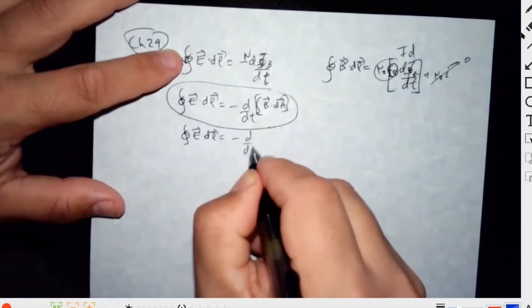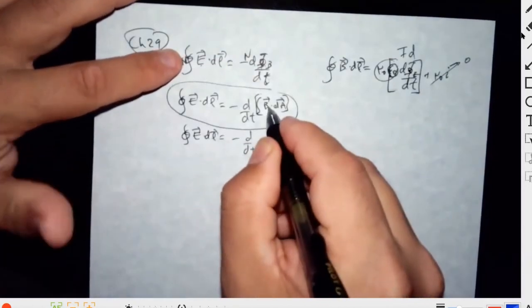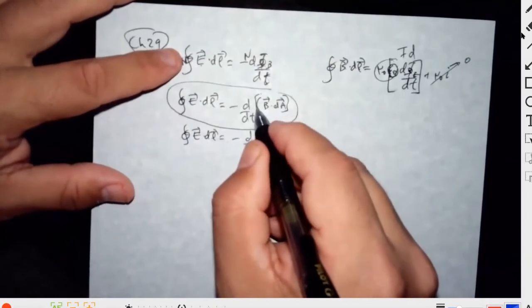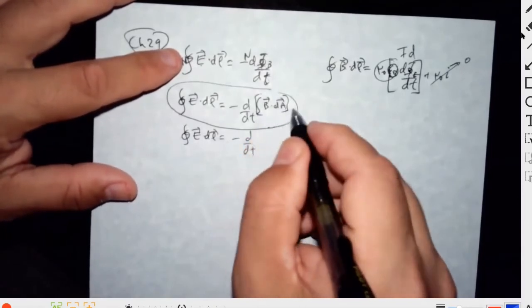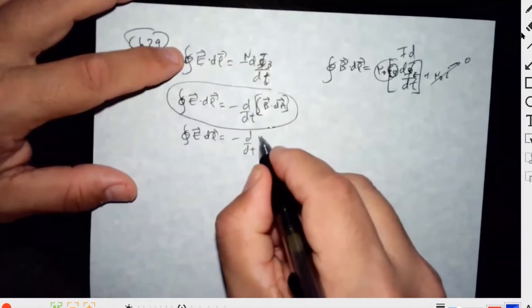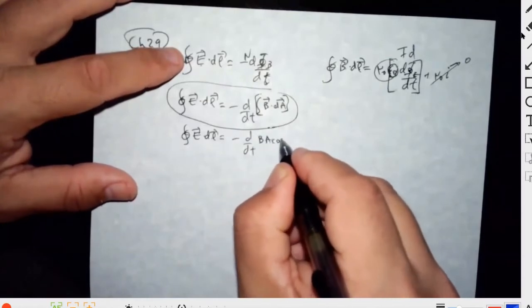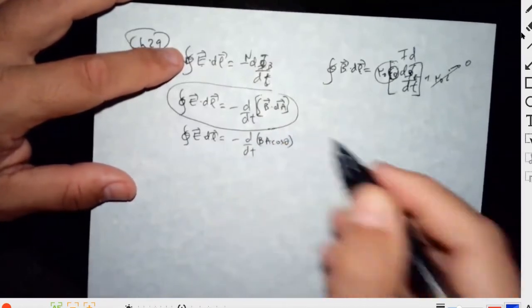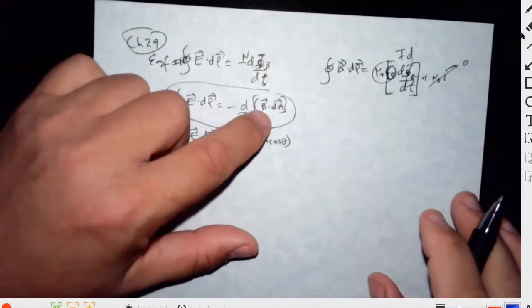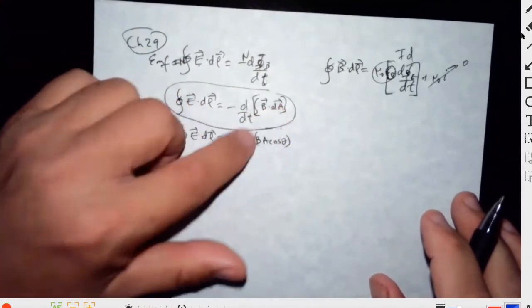For most cases we're going to do, the B is going to be constant over the area, so we're just going to worry about BA cosine theta. But I'll show you a case where the B is also not constant. Then we have to integrate.